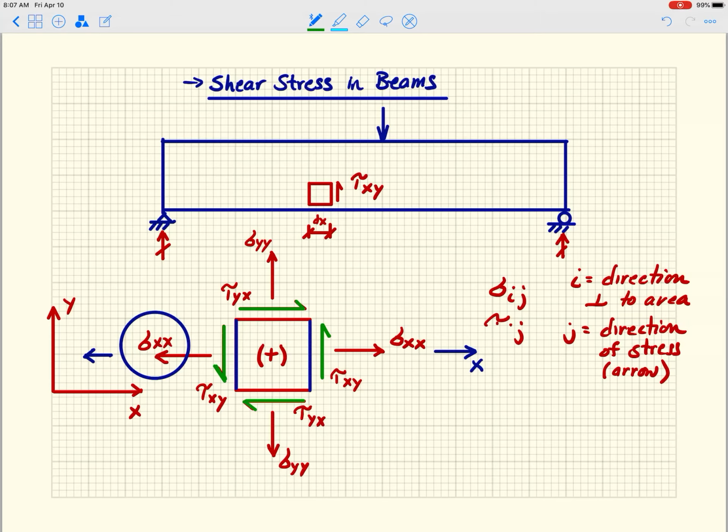Okay, so a couple of things. One, if I sum moments about any point here, if tau xy and tau yx do not equal one another, you can see there is going to be a net rotational force here.